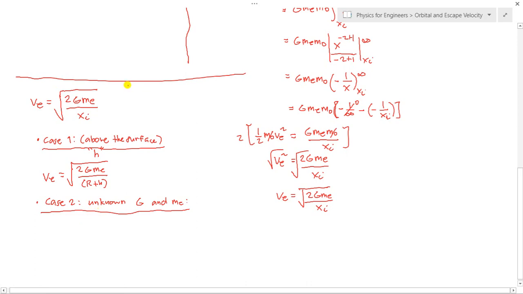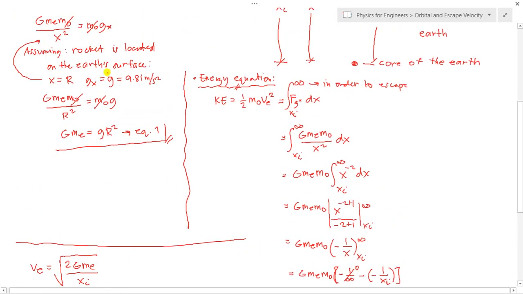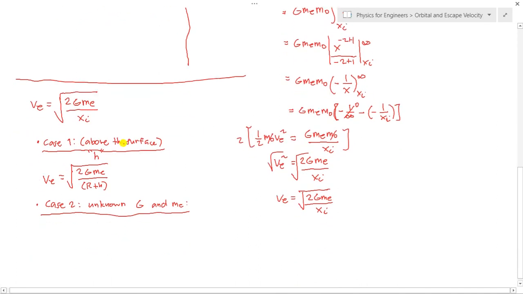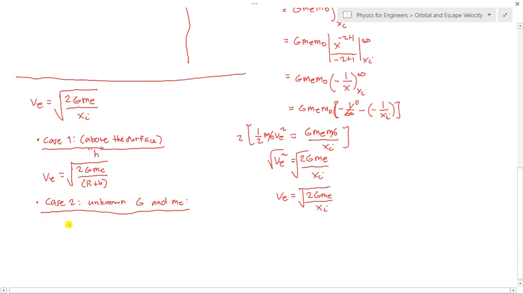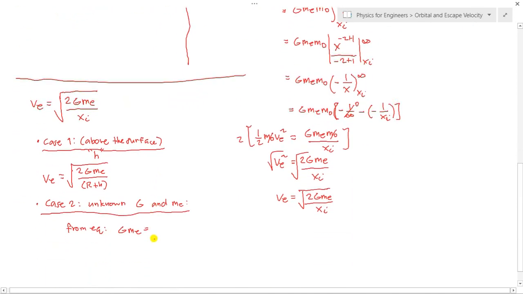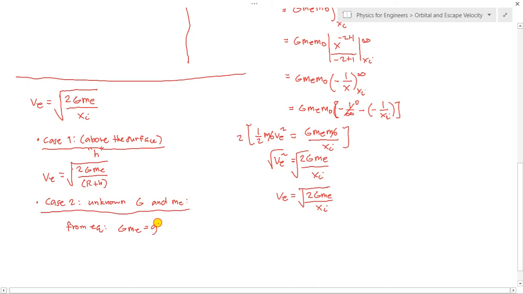Yes, because remember our equation 1. So from equation 1 we have the relationship G M_E is equal to g R squared. This is at the surface, right? At the surface.